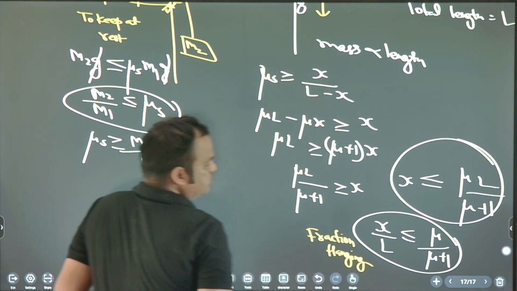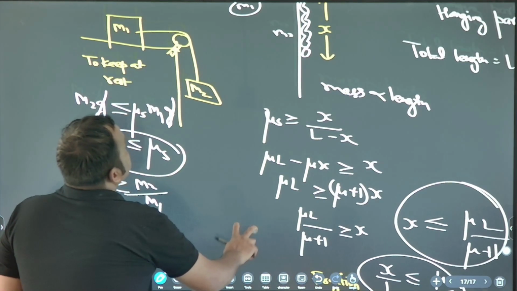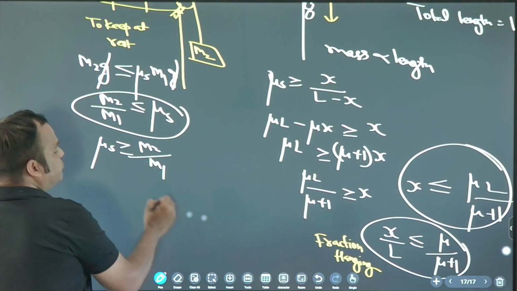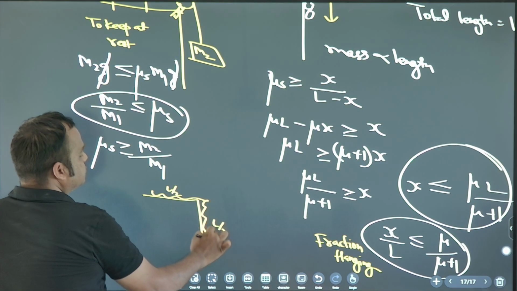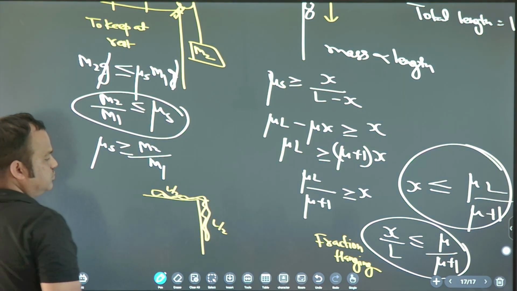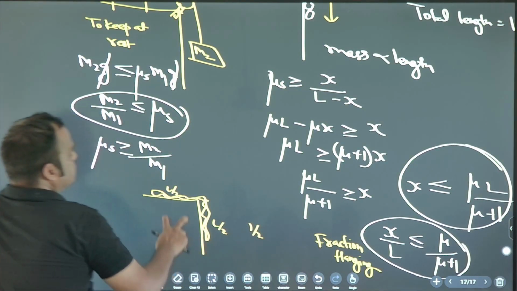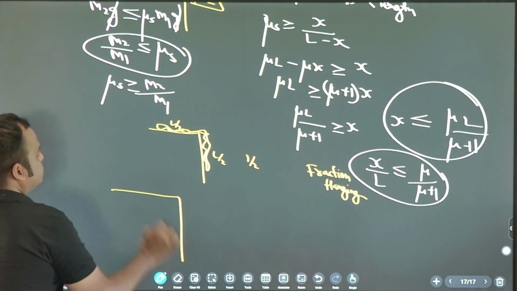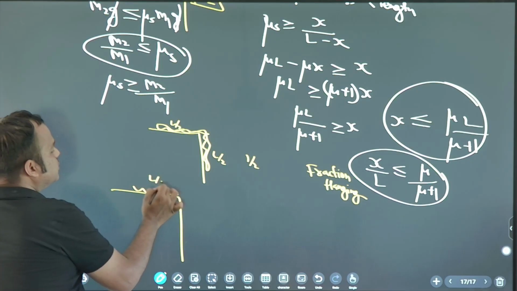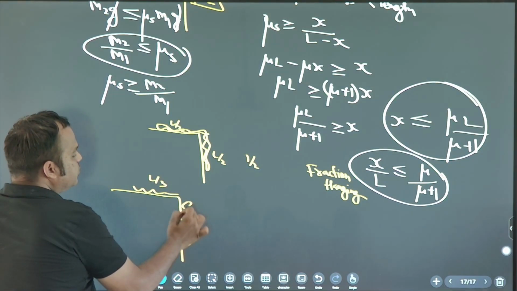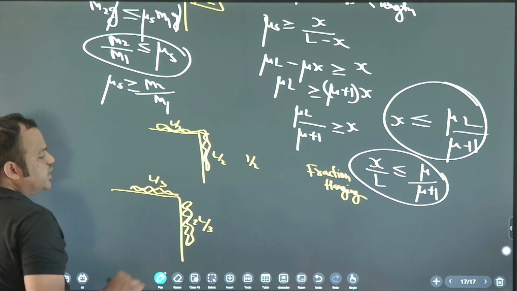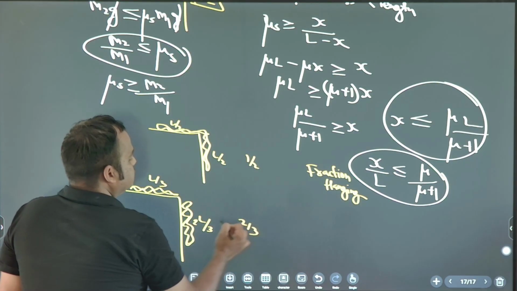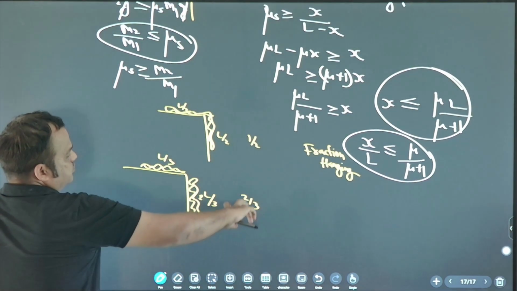Understood? Hanging fraction. Suppose half is there, L by 2 and L by 2. So what is the fraction? 1 by 2. If 1/3 is resting and 2/3 is hanging, so what is the fraction? 2 by 3.